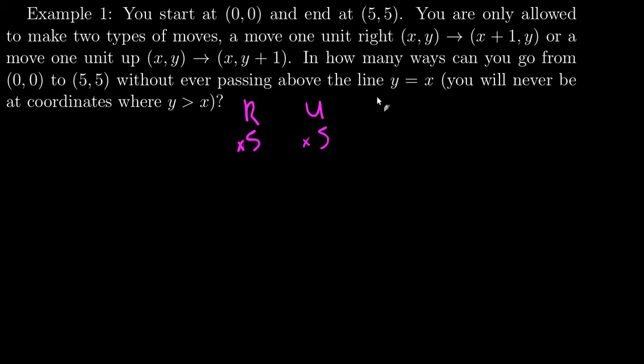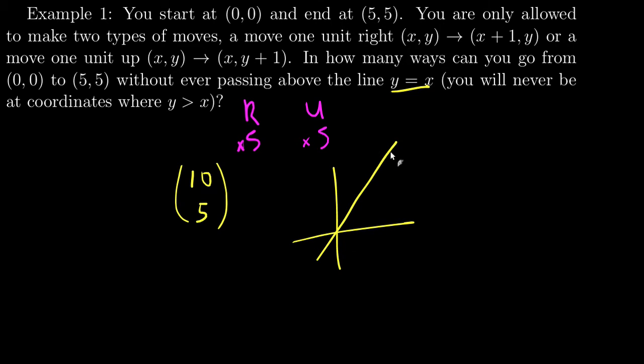If I didn't have this restriction about never passing above y equals x, then that's going to be measured in 10 choose 5 ways, because I have 10 things, and I can choose any 5 of those to be right or up. But a lot of those, and it's not going to be exactly half, that might be what you might think, will actually pass above that y equals x line.